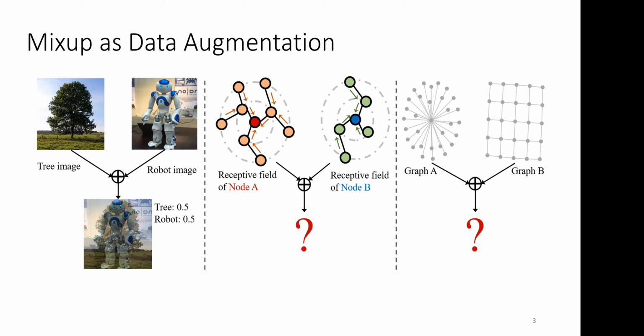For example, from index 0 to n-1, where n is the number of nodes, you can shuffle these indexes and take the node pairs before and after the shuffling, index by index. Then you just get n node pairs for the mix-up. So this is what we do in the paper.